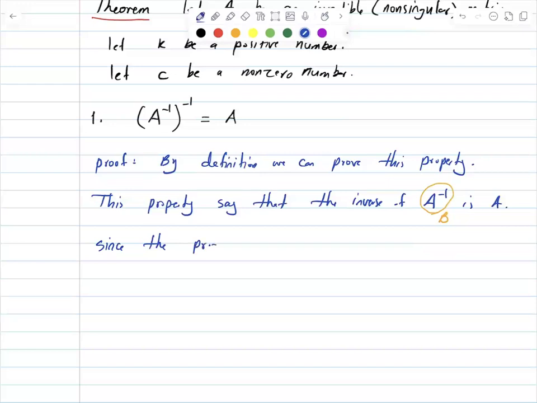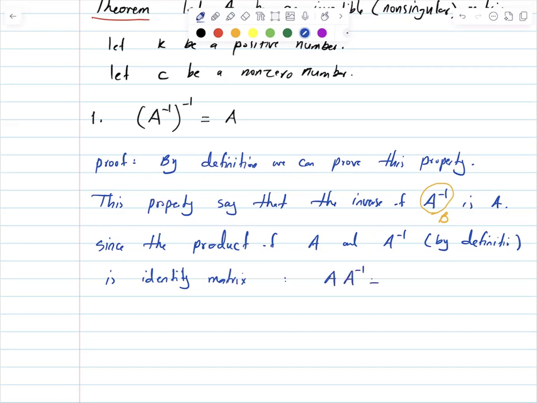Okay, this shouldn't be that difficult, since the product of A and the inverse of A by definition is identity matrix. So A multiplied by its inverse is equal to identity matrix, all right?